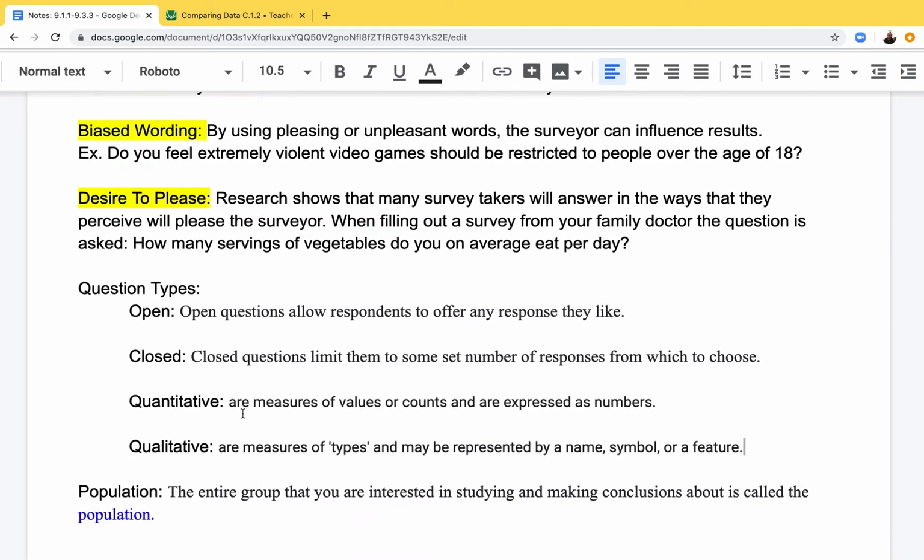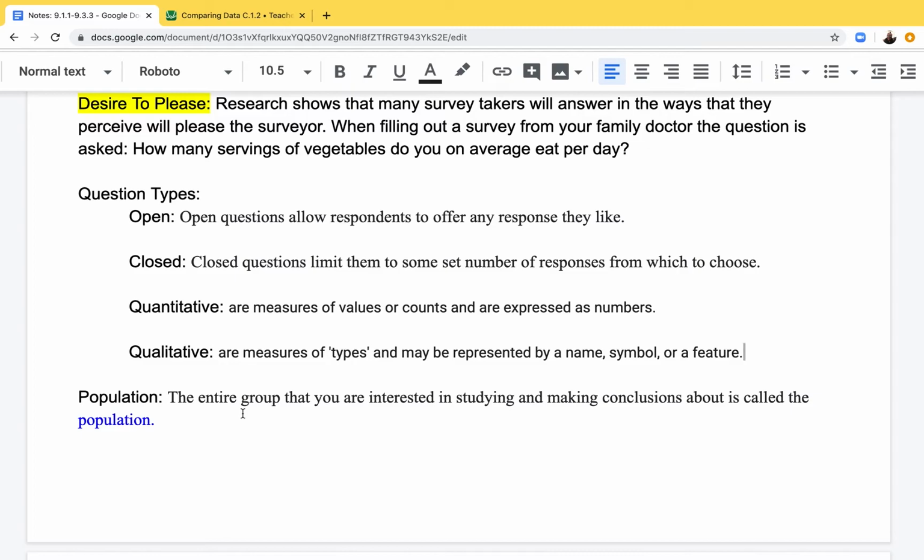So in surveys, there are different types of questions. An open question allows the people who are responding to say whatever they want. So if I just said, what's your favorite sport? And I asked everyone in our Algebra 2 class, we could have 28 different answers. Maybe everybody has a different opinion about their favorite sport.